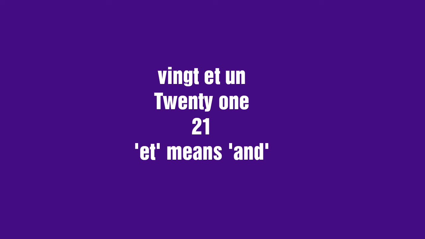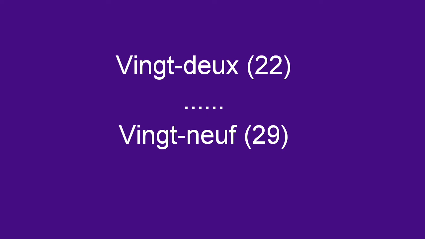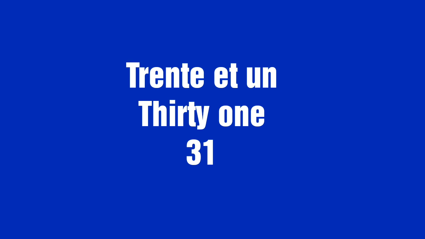21, that is 21. "Et" means "and" in French. 21 means 20 and 1. 22, you have to put a hyphen there. 22 till 29, the same way. 30 means 30, the same way we did 20, without S. 31 is 30 and 1, 31.